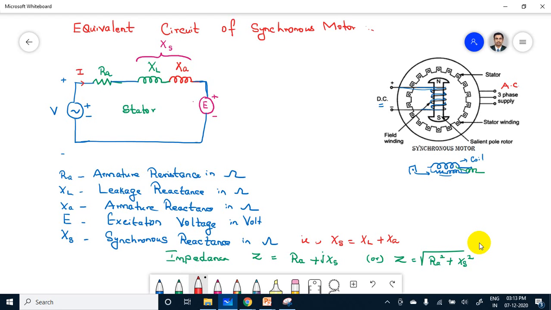So for the field winding, what I am going to do, this is the field winding.